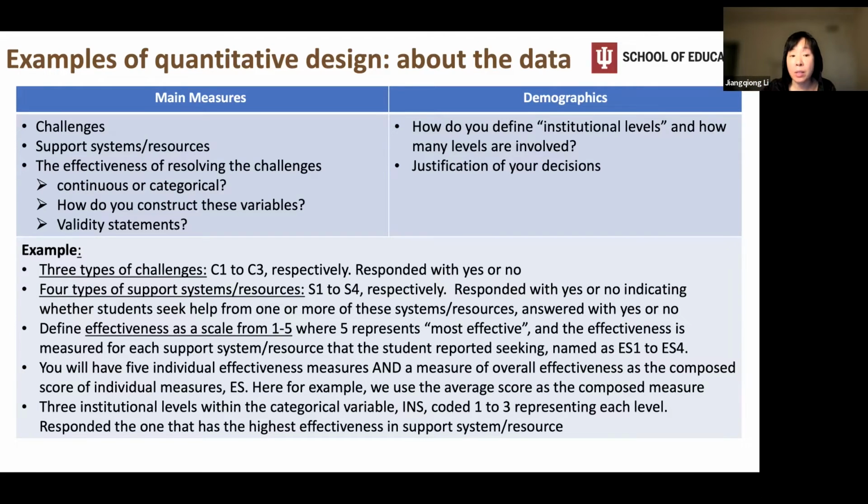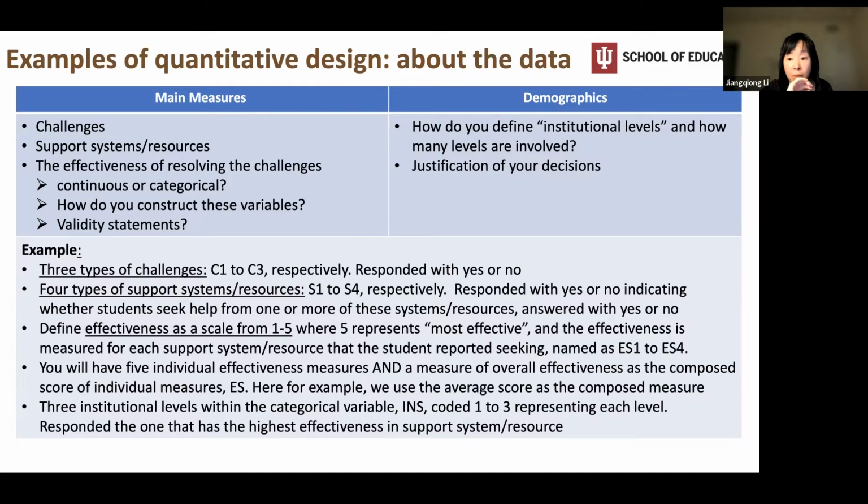Here I'm just raising an example. If we have 3 types of challenges named C1, C2, and C3, we ask our participants to respond: yes, I had faced those challenges, or no, I hadn't. These are the type of data we're going to collect for challenges.